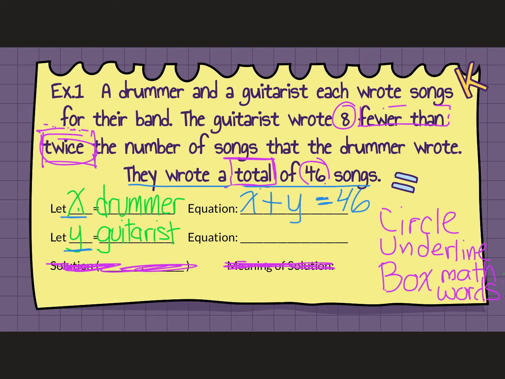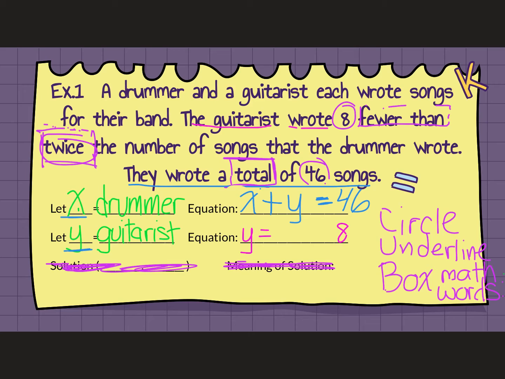Okay, now we've got to use our brain a little bit. The guitarist wrote 8 fewer, so the guitarist. What are we calling the guitarist? We are calling the guitarist Y. They wrote 8 fewer than. Anytime you see the word than, whether you're doing fewer than, greater than, more than, less than, it's going to go to the end of our equation.